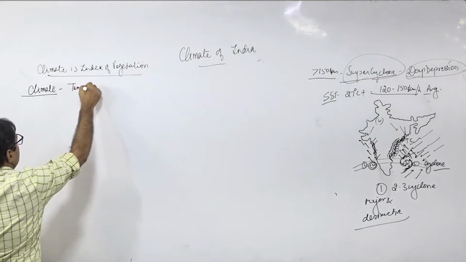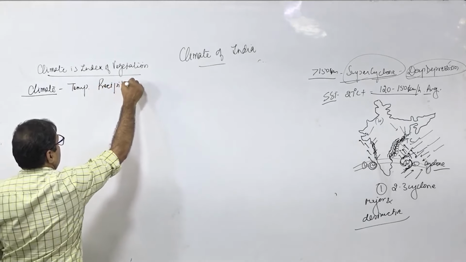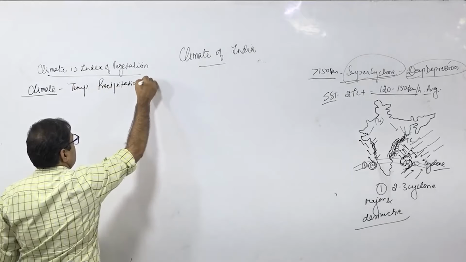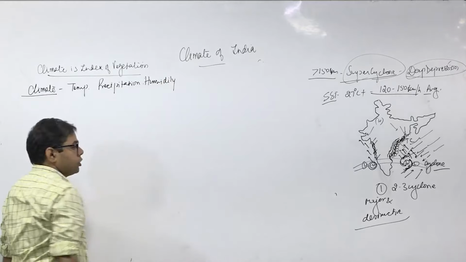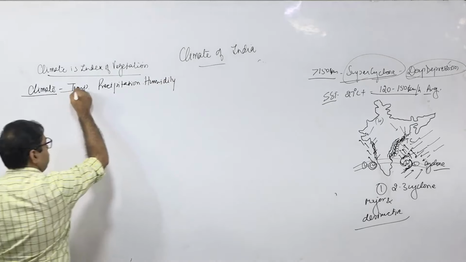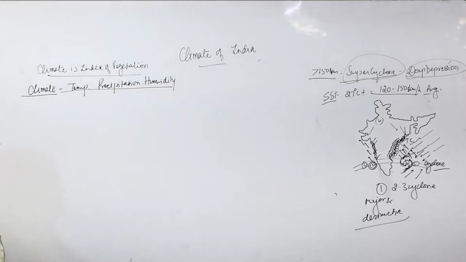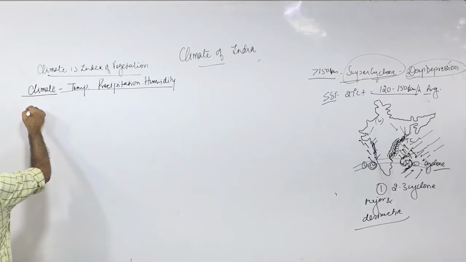Temperature, precipitation, humidity, wind pattern, pressure condition, but for developing the vegetation cover, temperature, precipitation and humidity are the prominent key factors. On the basis of these conditions, India has different varieties of forest cover.